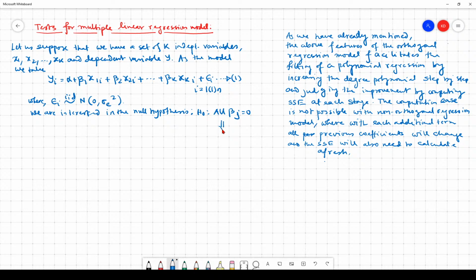This means there is no dependence of y on the k fixed variables x1, x2, x3. And one more thing here I want to mention, that is sigma square is unknown. Okay.